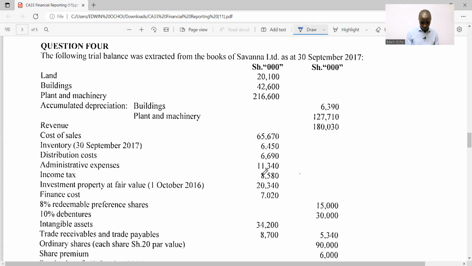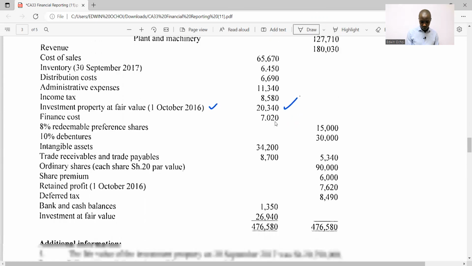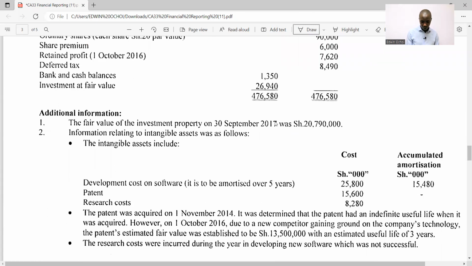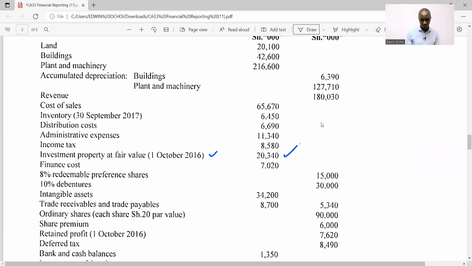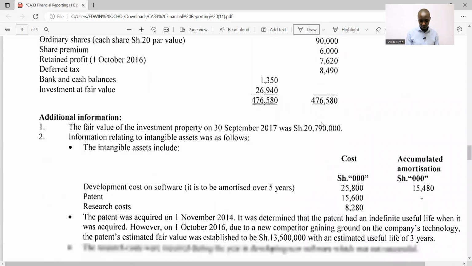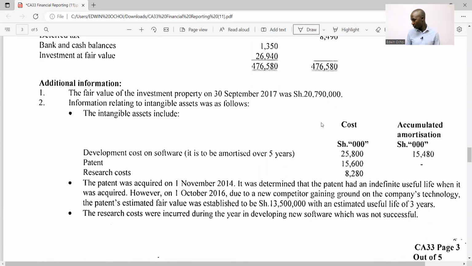Investment property, 20,000. So 20,000, then by the end of the day, it was stated at 22,790. So meaning that there's an increase on that investment property.